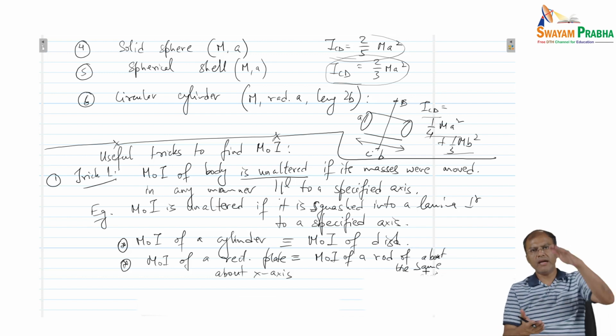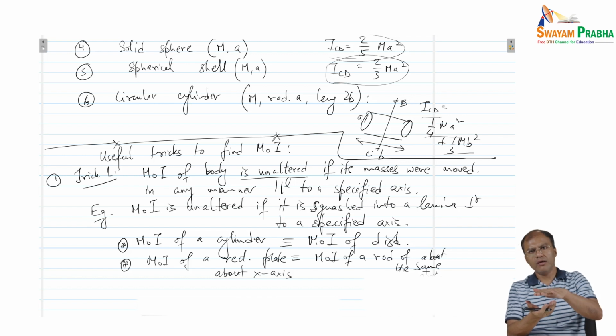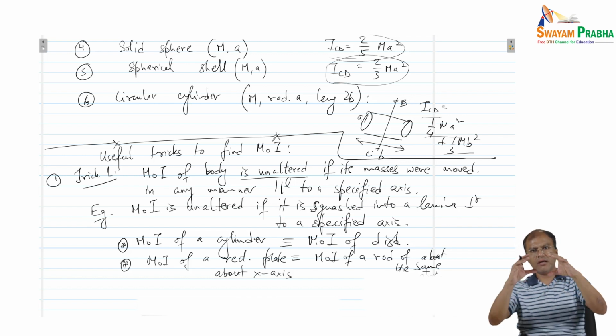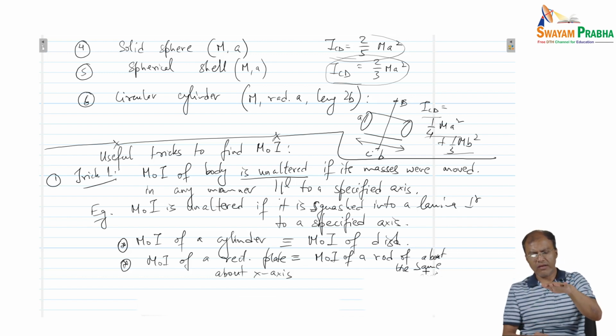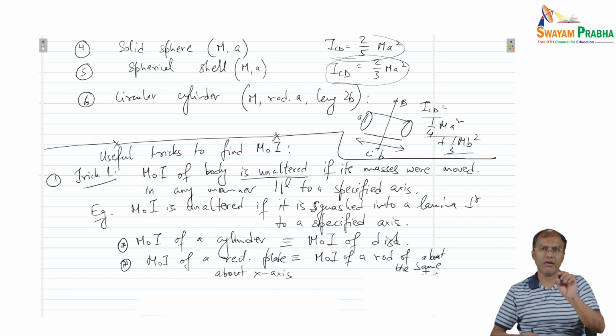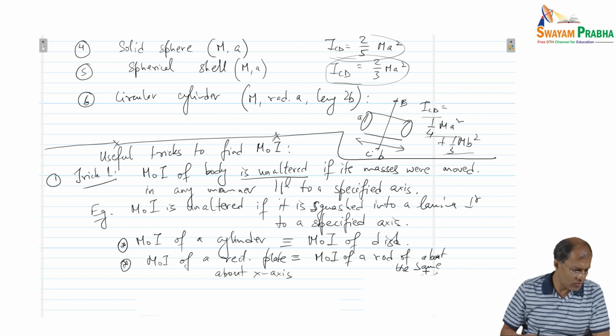So suppose a plate is squashed to become a rod. Although the plate is a 2D object and the rod is a 1D object, the mass distribution has changed. So this trick says that the moment of inertia is unaltered if we look at the same axis of rotation.